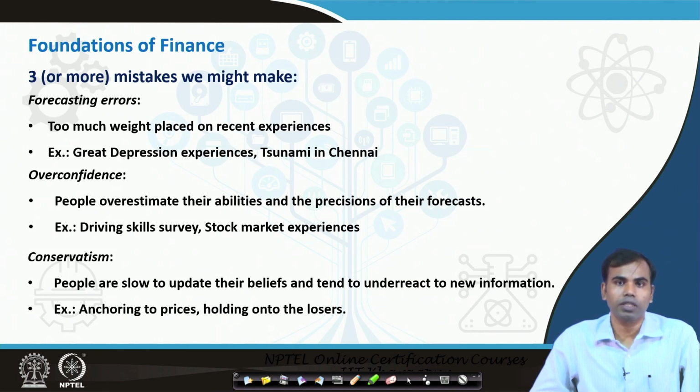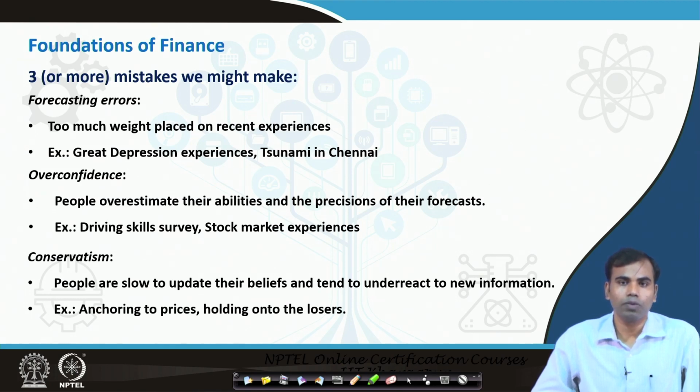This is known as forecasting errors, or this is basically reflected in the decision making of individuals when they make their financial decisions, and this can be explained from an older example where people who have seen the Great Depression or Great Financial Crisis are always apprehensive about the financial markets, and they have not been investing their savings or their money in financial instruments in the stock market.